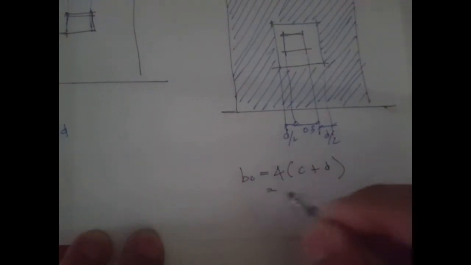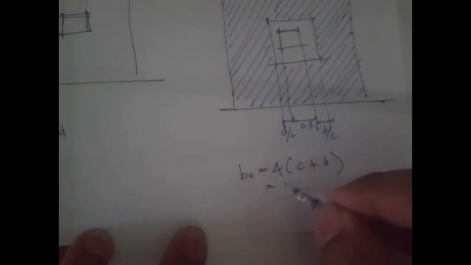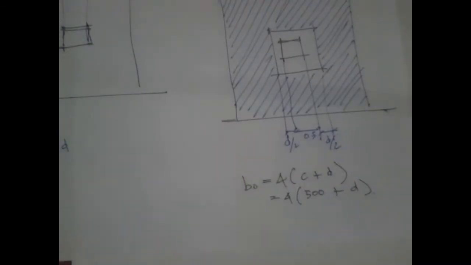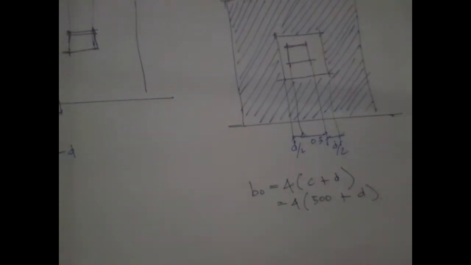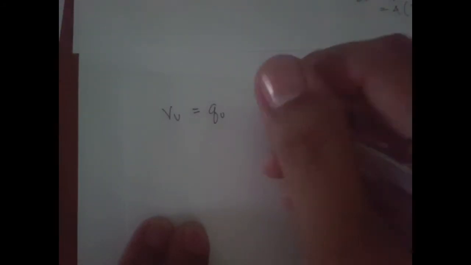We can further simplify that, expressing it in terms of millimeters, to 4 times 500 plus d. Now we can write the equation for the load side. Vu on the load side is equal to the factored soil pressure times the area concerned.